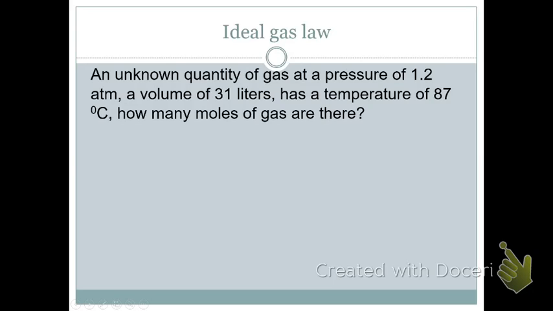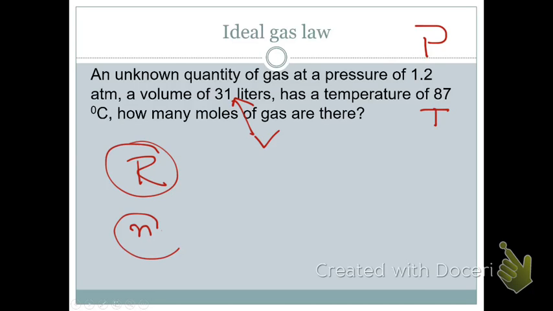So, we know we have a pressure, a volume, and a temperature. What we're missing are the R value and our number of moles. The R value is going to be given to us, so we're not going to worry about that.